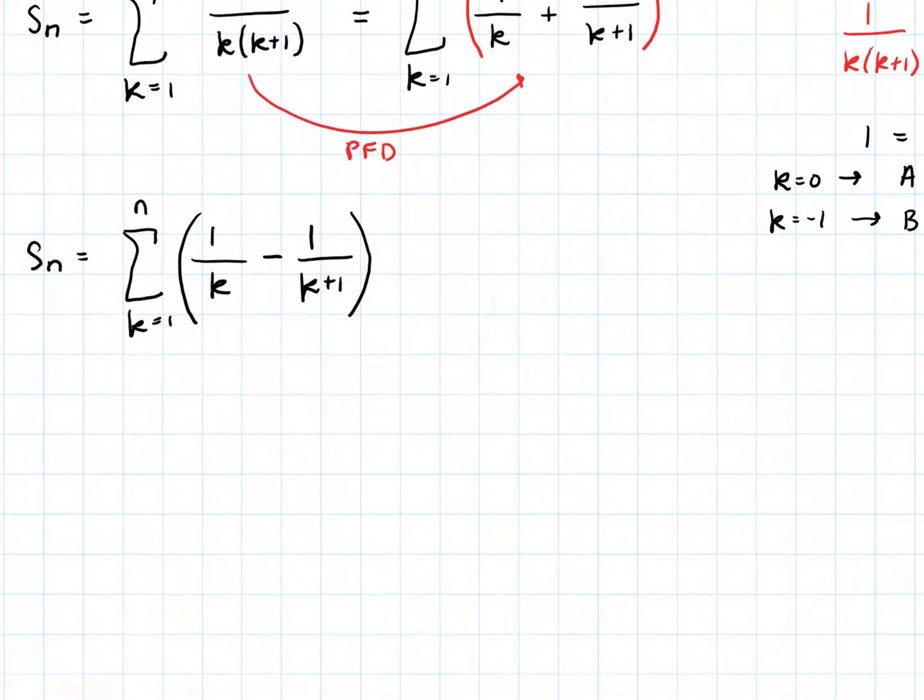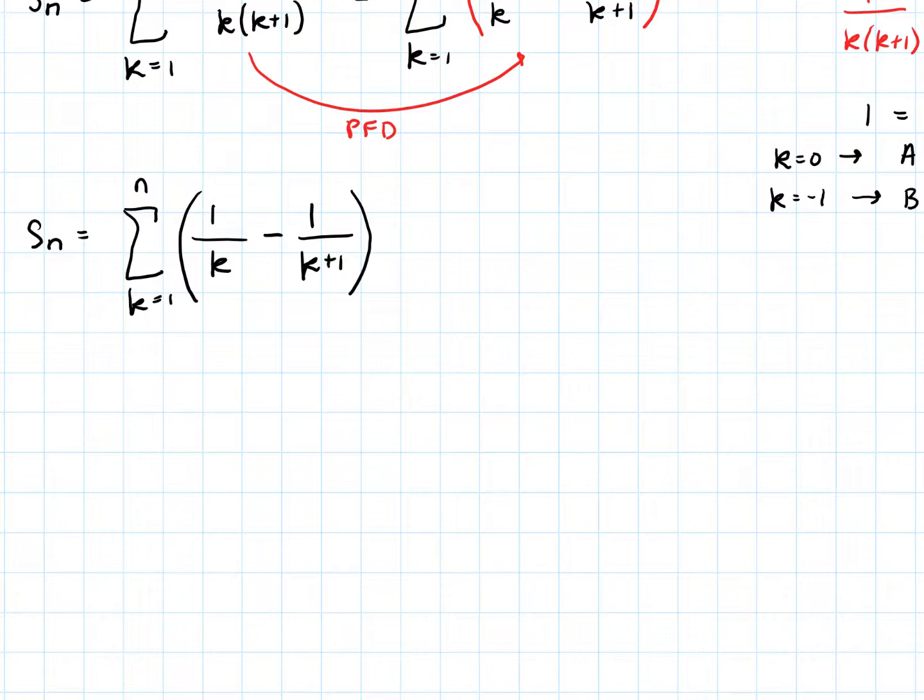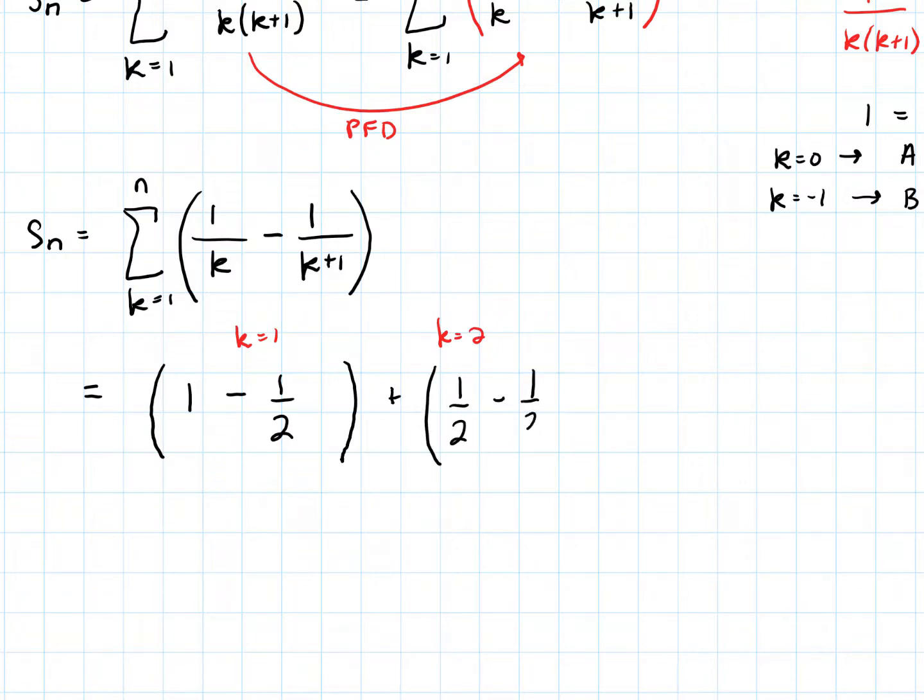Now let's write out a few terms and see what happens. I'm going to write out maybe more than we need to see the pattern, though some of you might see it right away. When k equals 1, the first term in this partial sum is 1 minus 1/2. When k equals 2, the second term is 1/2 minus 1/3.